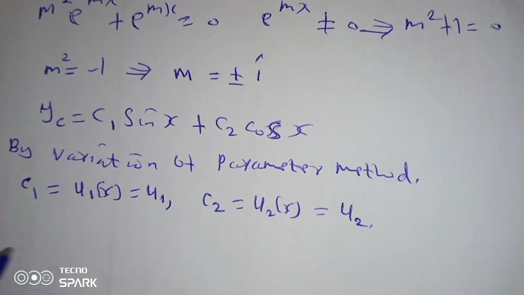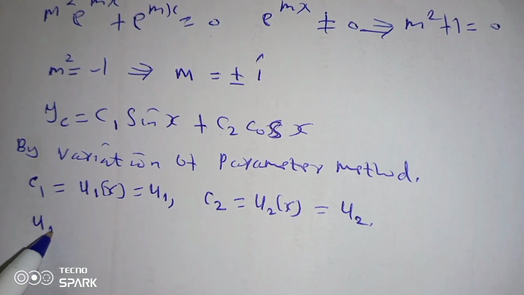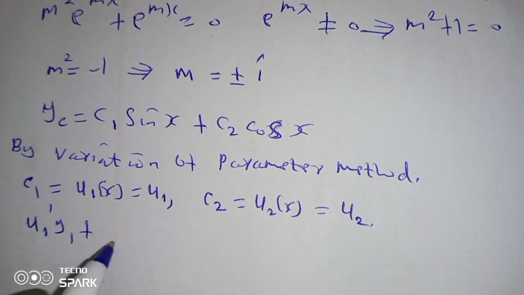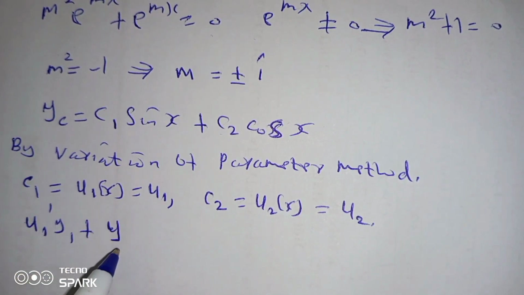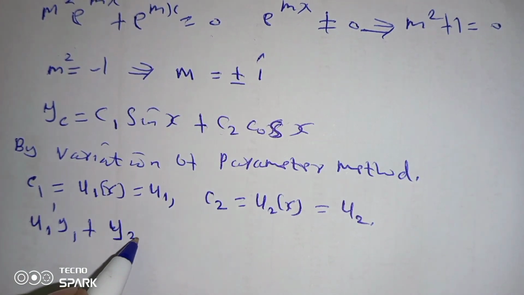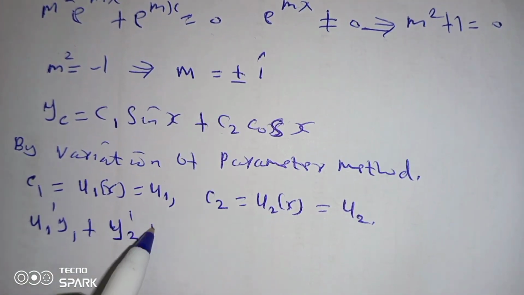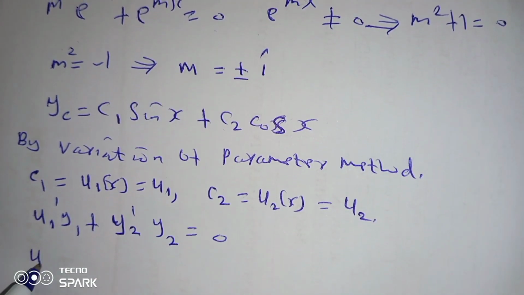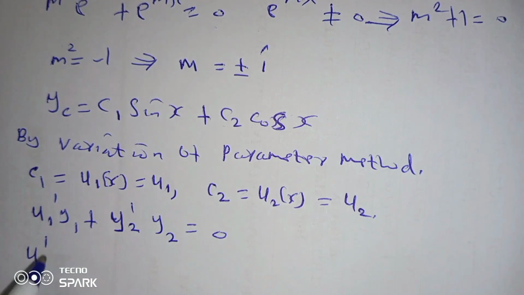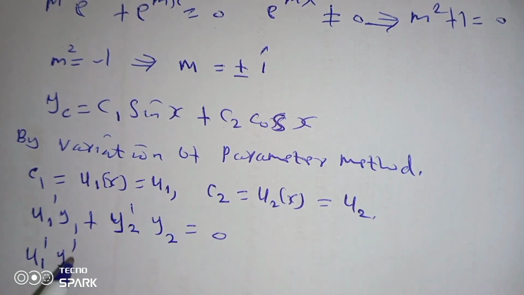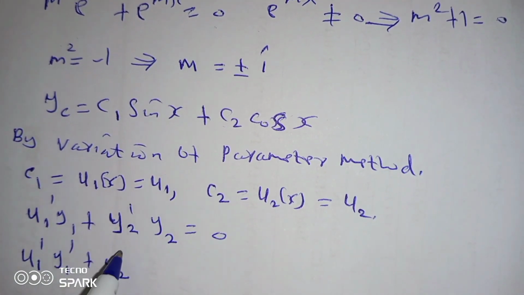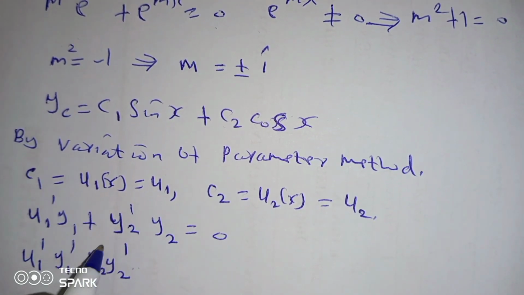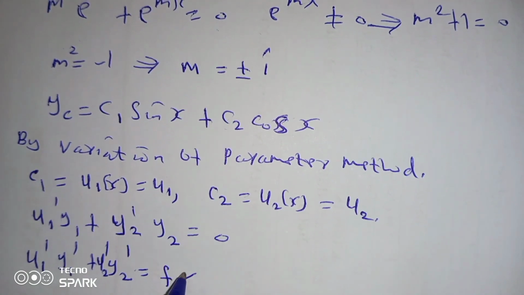So that now we shall have u1 prime y1 plus u2 prime y2 is equal to 0, and u1 prime y1 prime plus u2 prime y2 prime is equal to f of x.